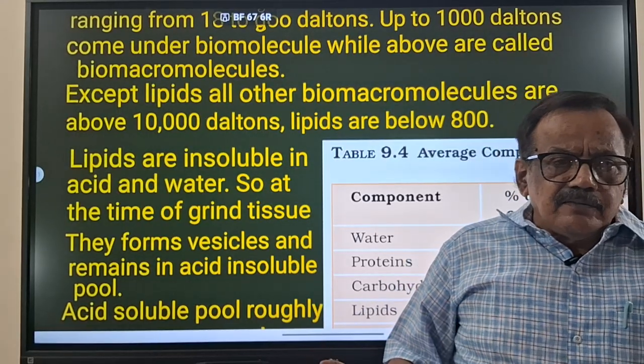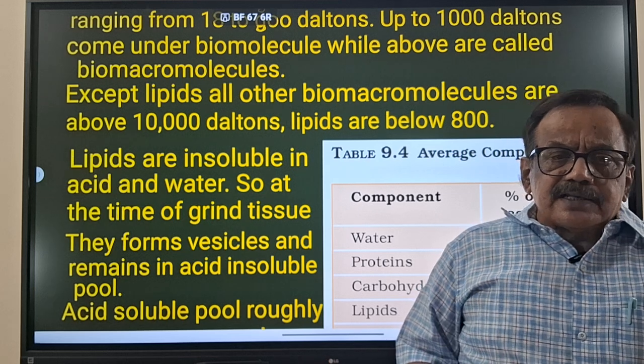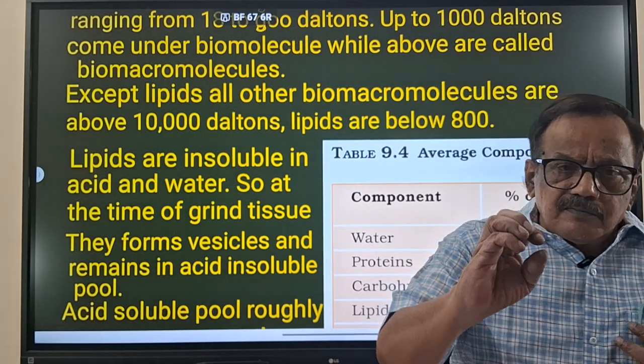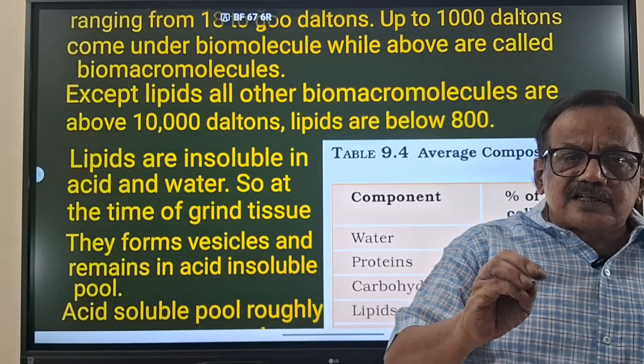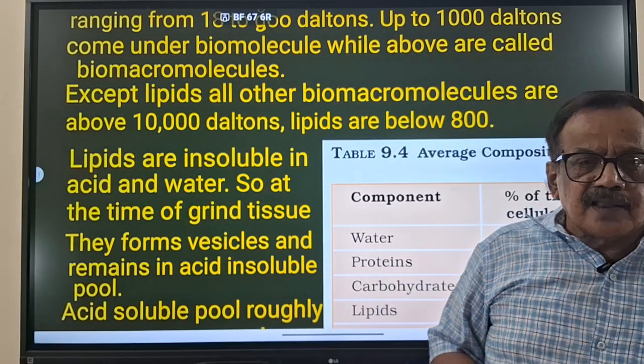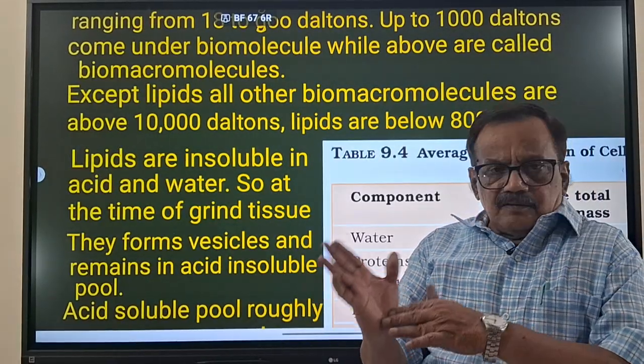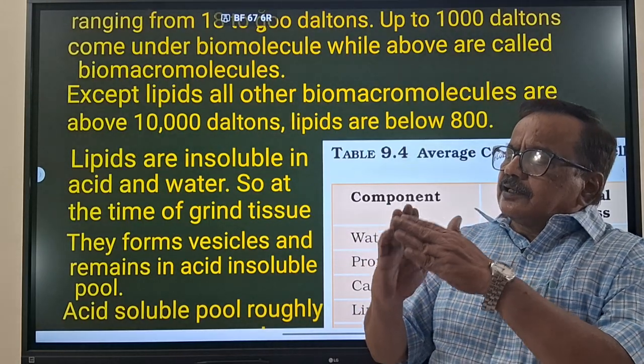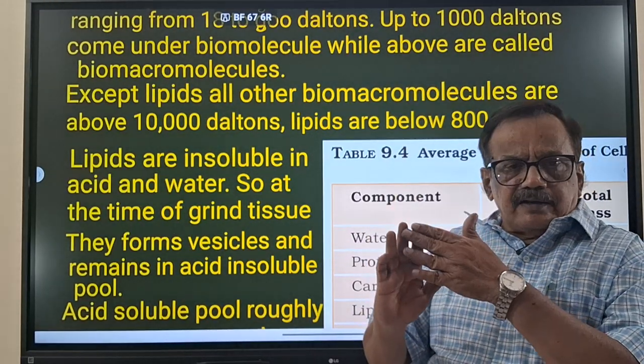At that time, the membranes become small vesicles with water. For example, this is the part of a membrane after breaking.